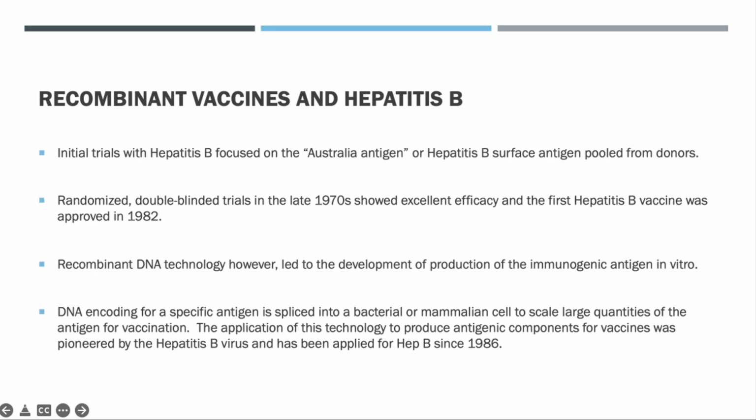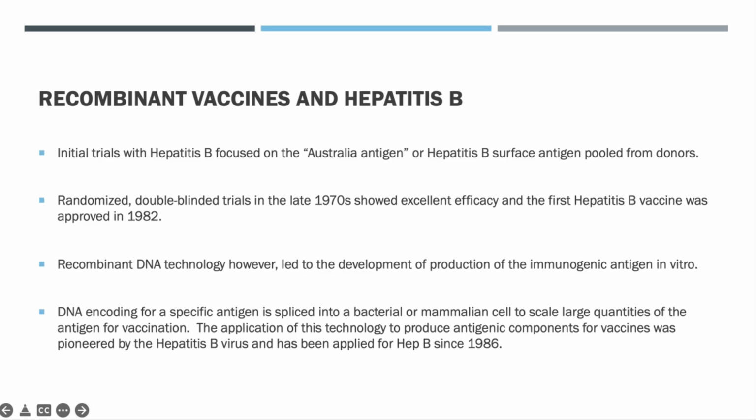An important development around this time was the idea of recombinant vaccines. Some initial trials with the hepatitis B vaccine focused on the Australia antigen, they called it, which was later found to be the hepatitis B surface antigen.